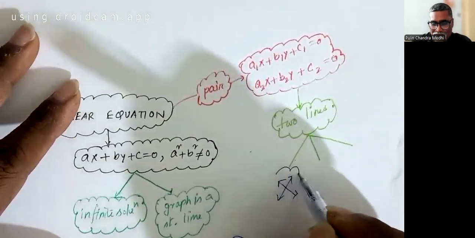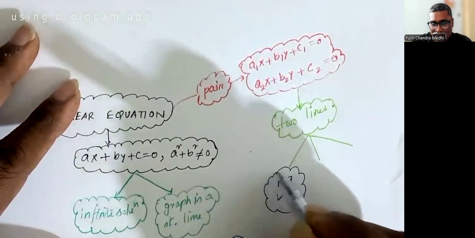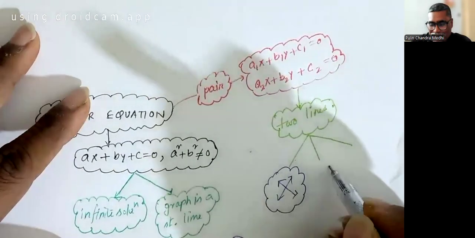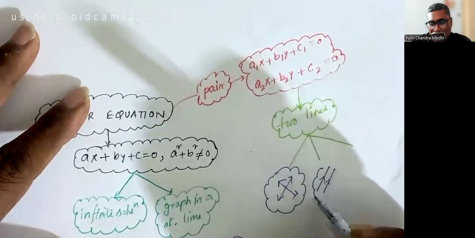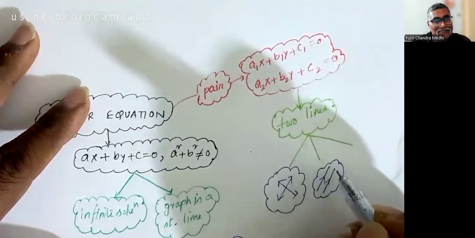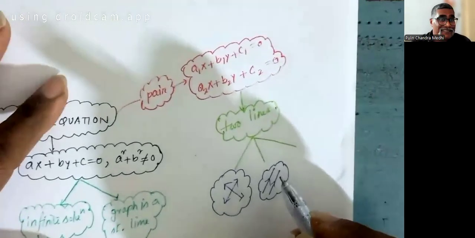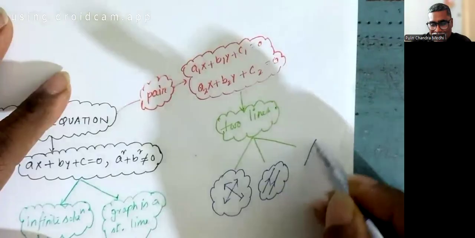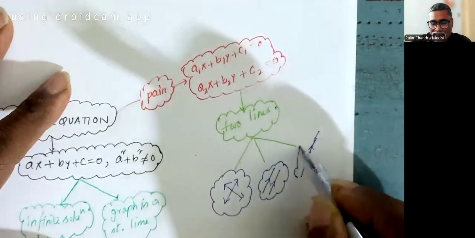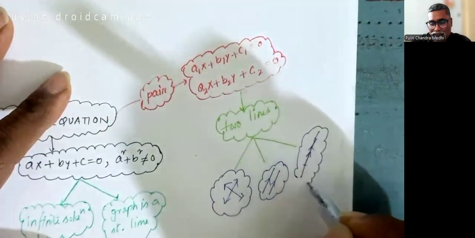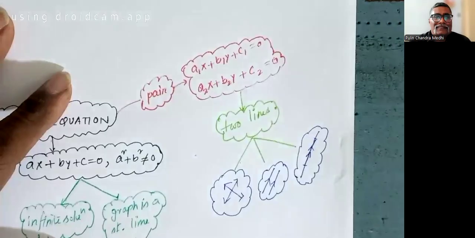This is one of the possibilities. Then you can get two lines which are parallel. And you can get one more third condition where the lines are actually overlapping. See, I'm doing it with the same color, so two arrows I am putting to indicate that I am doing it with two lines. So these are the possibilities.